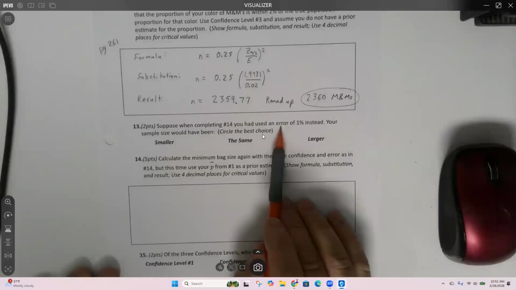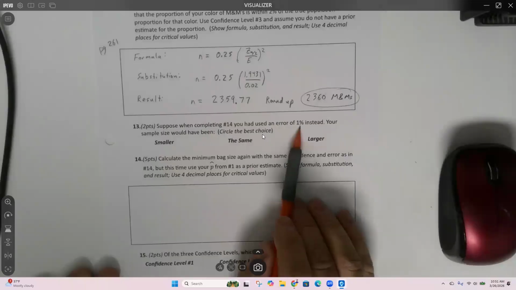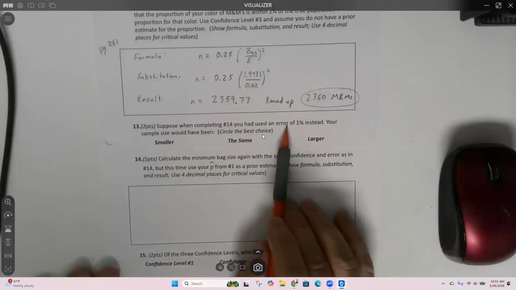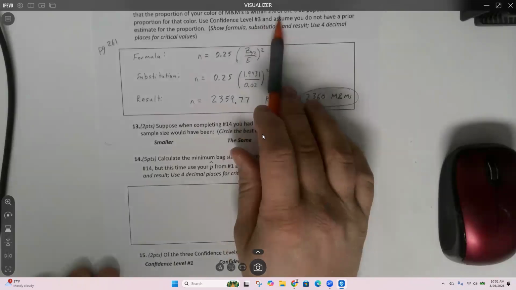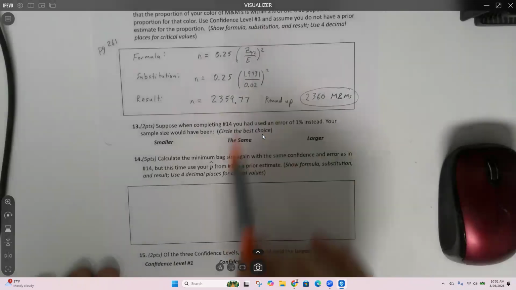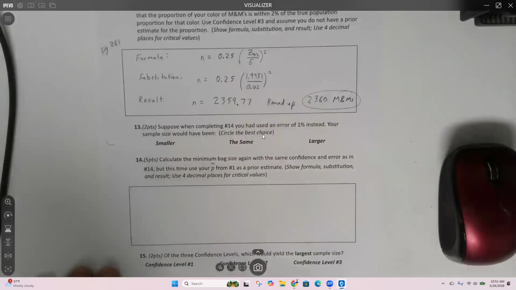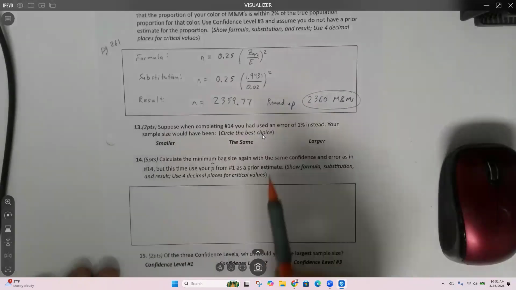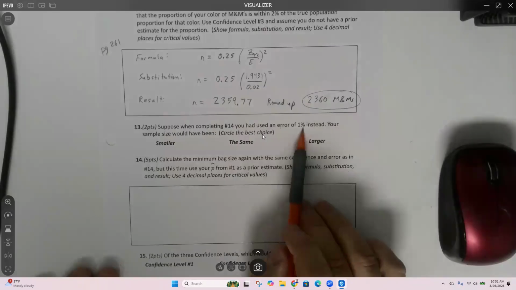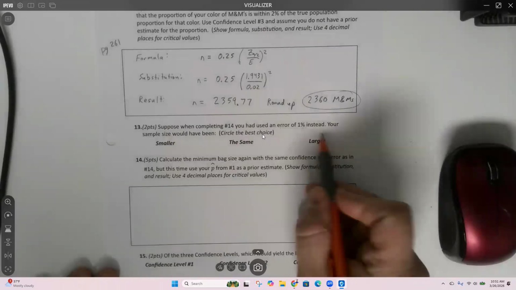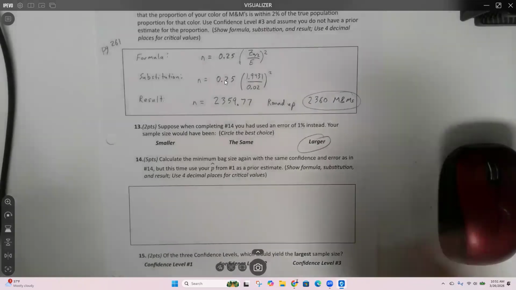So an error of 1% is more accurate than an error of 2%, right? The smaller your error, the better. We want our error to be small. So a small error rate, so more accurate, means a larger sample size. Let's actually check that. You don't need to check that, but I'm curious now.